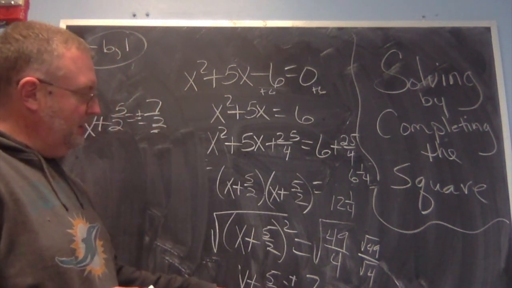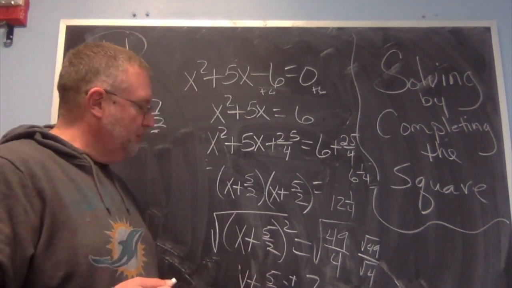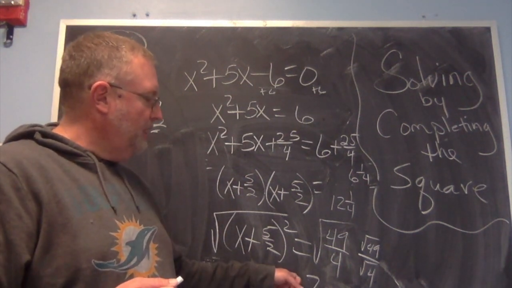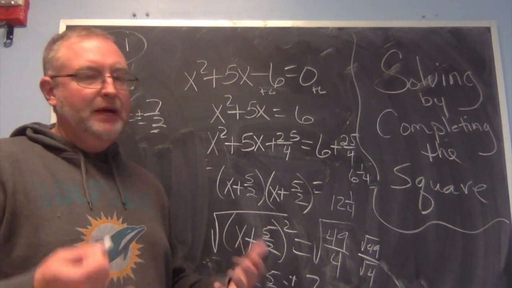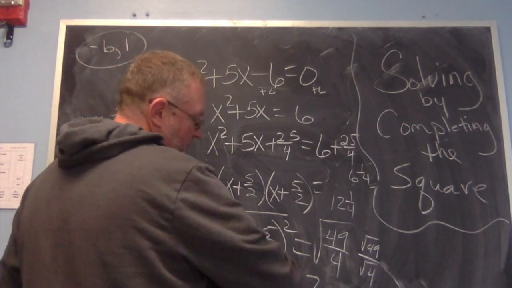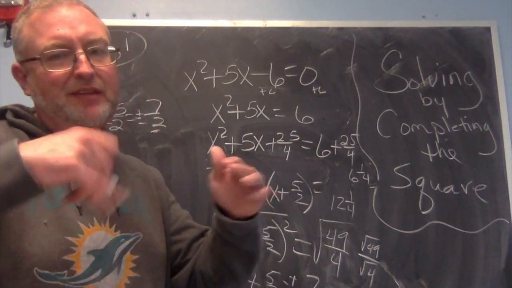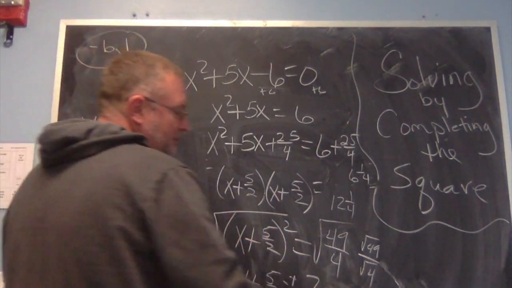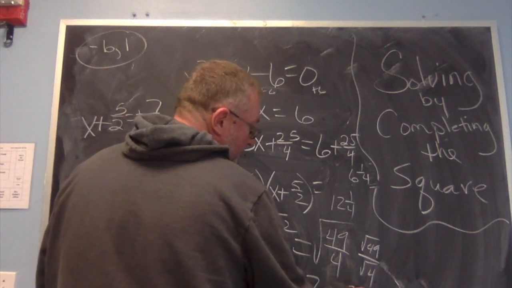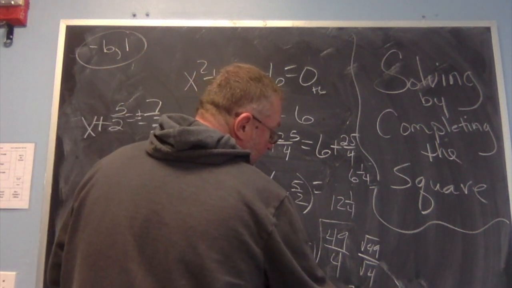So when I get to here, I get x plus 5 over 2 equals the positive negative 7 over 2. Which basically, again, what this means, when you have the radical sign, it's easier, really. But we just have a whole number, so that means a positive 7 over 2 and a negative 7 over 2.